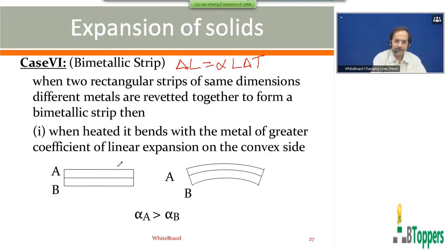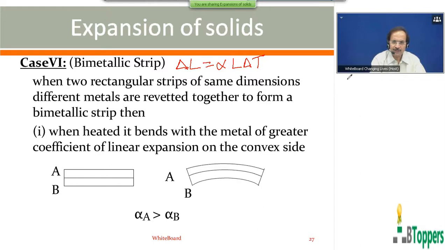In the figure I have shown two rods denoted by A and B, which are made up of different metals and have the same original length and same original cross-sectional area. They are joined side by side as shown in the figure.